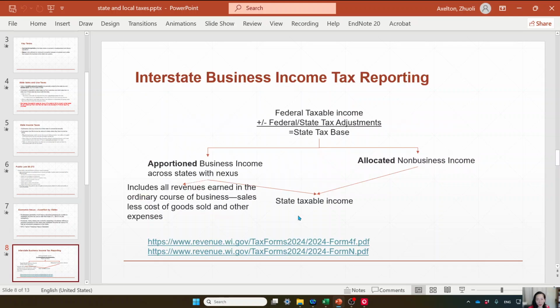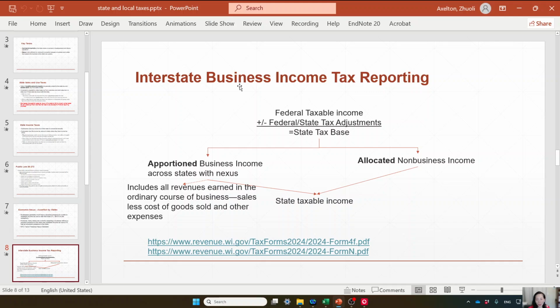Okay, now we're switching gears to income tax reporting. A lot of businesses operate across states. Maybe they're headquartered in Wisconsin, but the business can operate outside of Wisconsin, in any states outside of Wisconsin. If that's the case, they're dealing with interstate business activities.